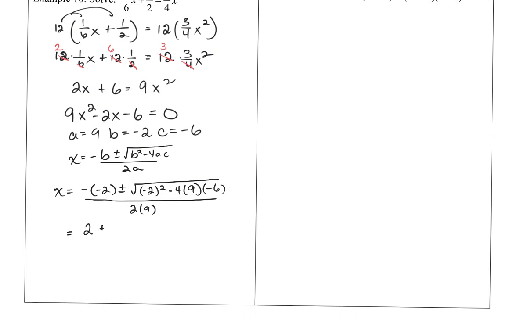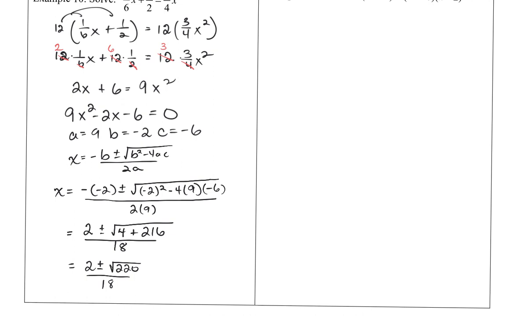2 plus or minus the square root of 4, and this is going to be plus, let's see, 4 times 9 times 6 is 216 over 18. So 2 plus or minus the square root of 220 over 18.